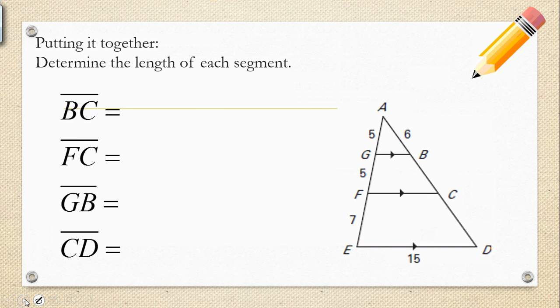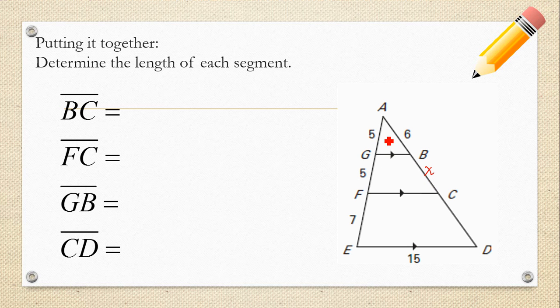One last example in your notes, everything that we've used so far, putting it together to determine the length of each segment. So the first segment we need to figure out says B to C. So I'm going to go ahead and place a little X right there on that measurement. And I'm noticing that I have parallel lines happening here. Interesting. Okay, so the parallel lines will split the sides proportionally.